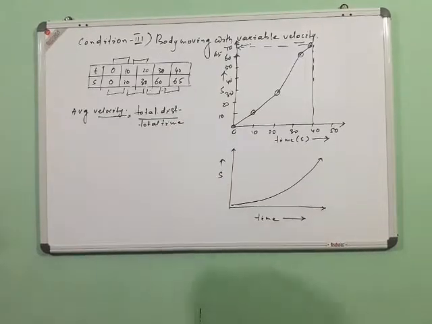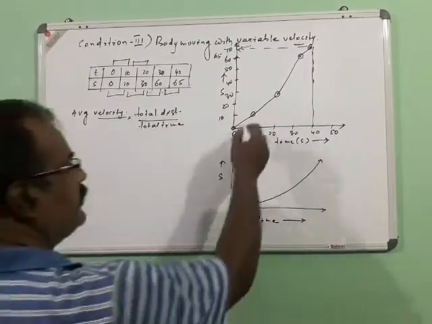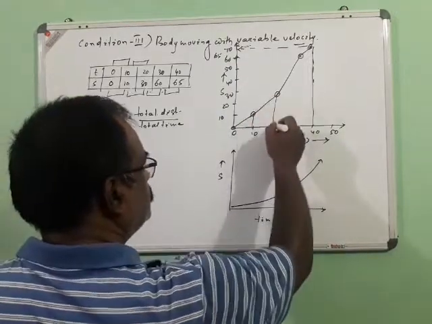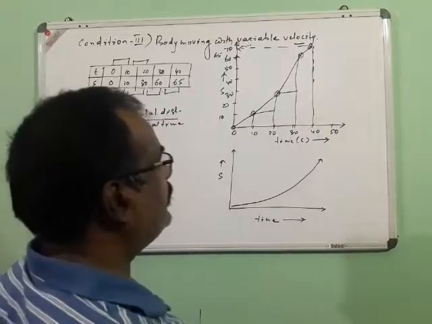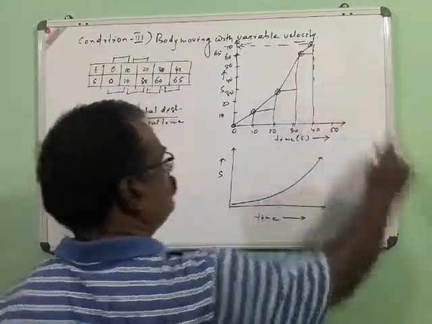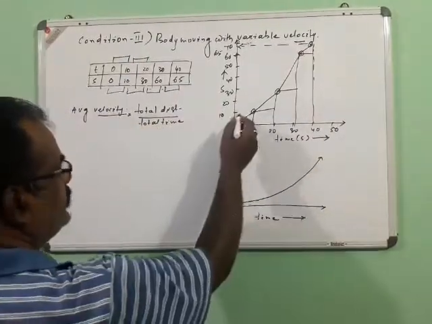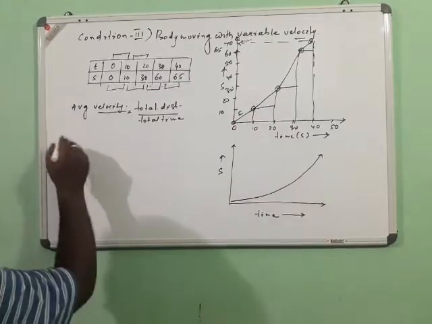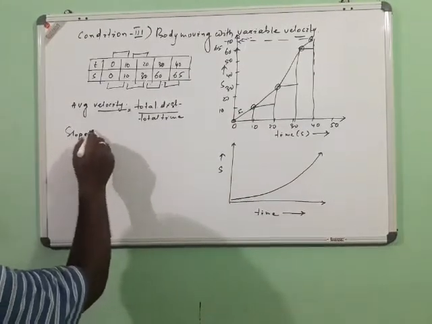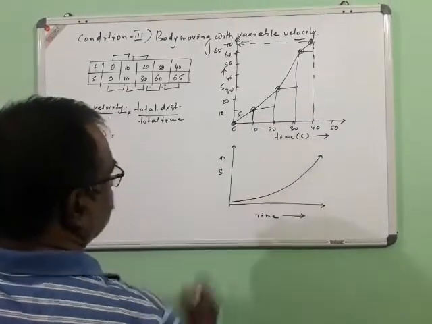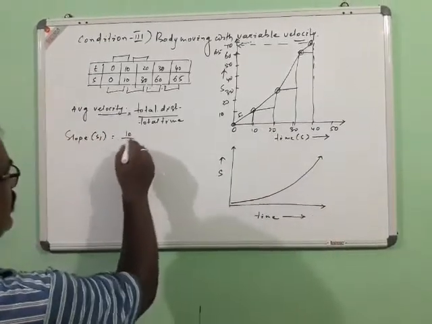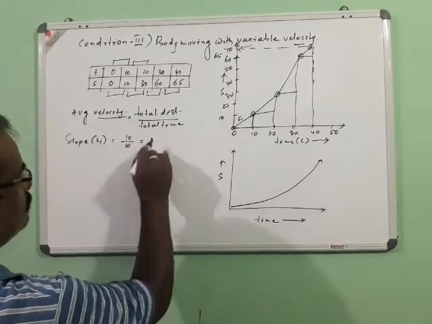Or we can also find it by taking the individual slopes of the segmented parts and then finding the average slope. Suppose slope S1 is the perpendicular component by the base component, so it becomes 10 by 10, which is equal to 1.